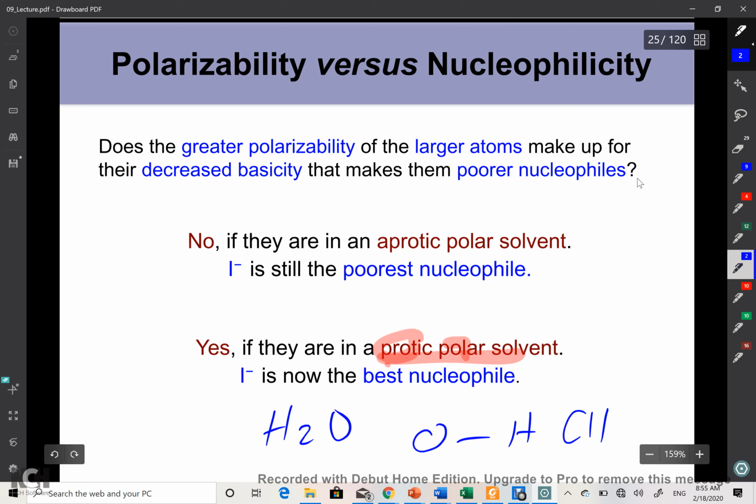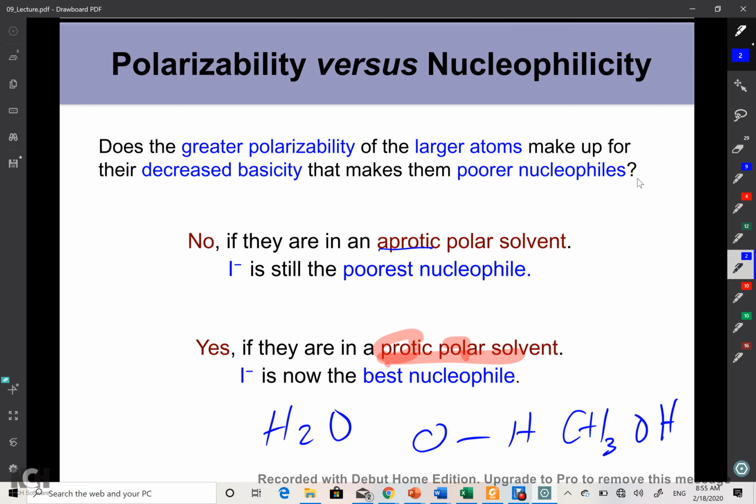Methanol is an example. All alcohols are examples of polar protic solvents. Does that make sense? There are two words we're looking at here: polar, protic.